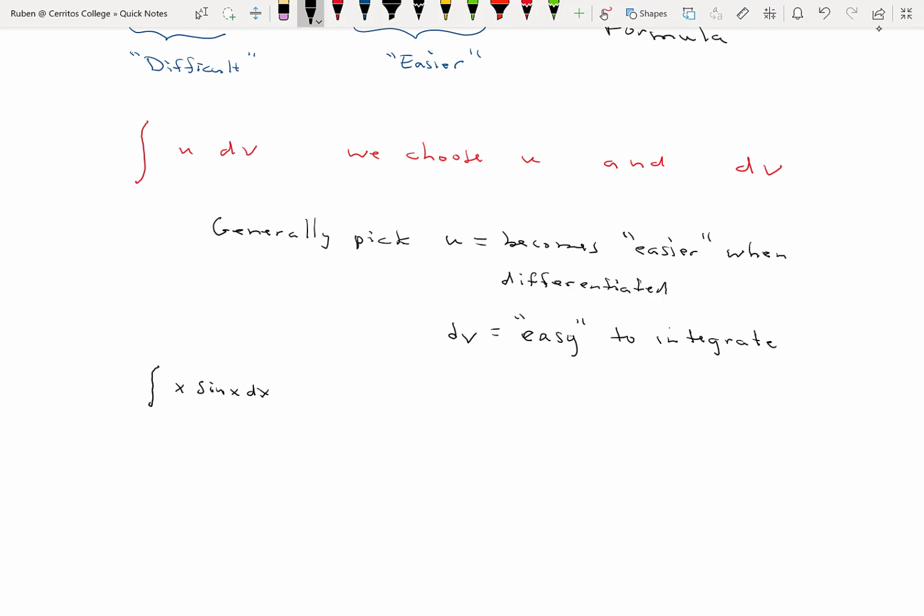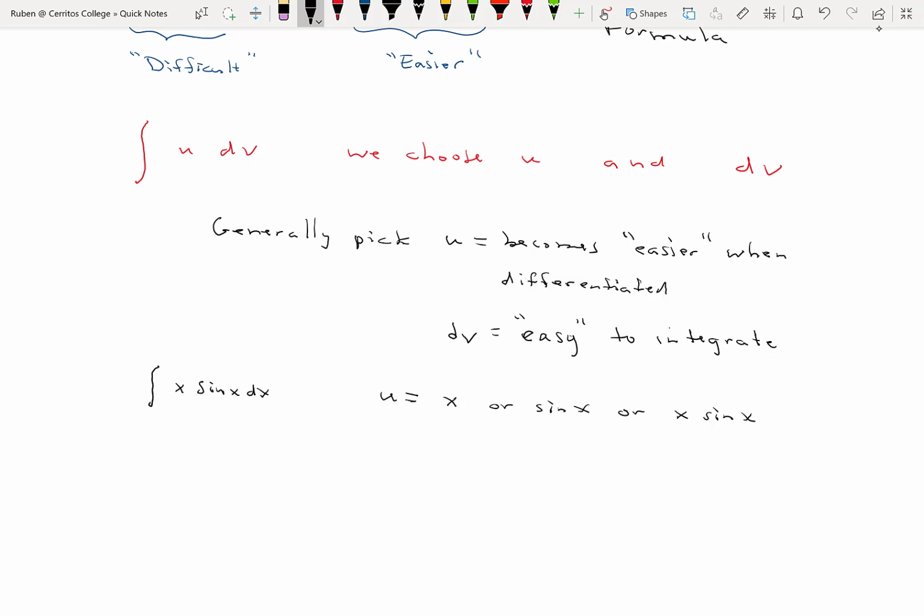So the choices for u are either x or sine of x, or the whole thing, x times the sine of x. Okay, those are the only things under our integral sign. So which one of these three things becomes easier when differentiated?